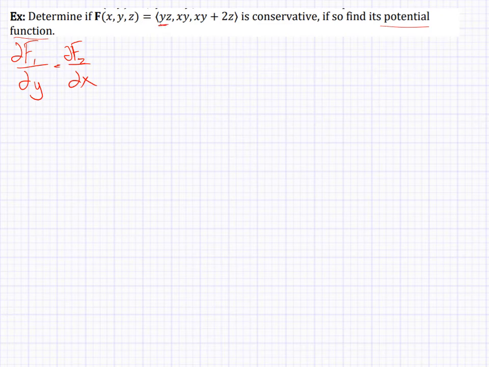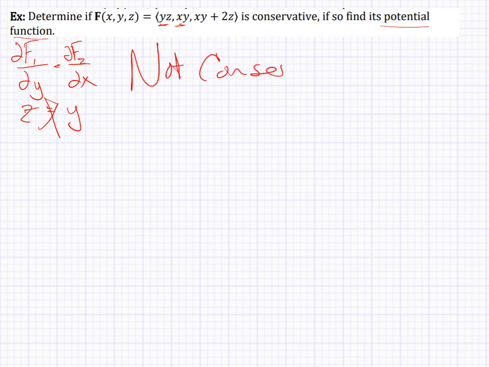And so f1 with respect to y would be z, f2 with respect to x would be y, and so it doesn't hold. The first cross partial doesn't hold. So if the first cross partial doesn't hold, then it's not conservative, and therefore there is no potential function.